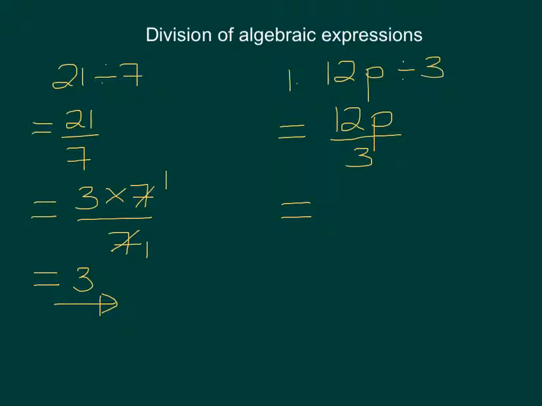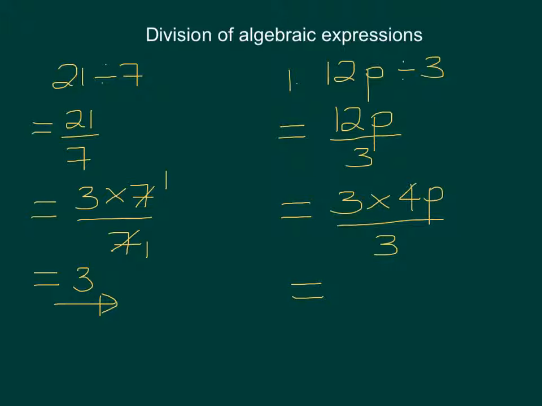So therefore, what you need to do is to say, how am I going to write 12p in terms of 4 and 3? So therefore, you can say 3 multiplied by 4p all over 3. Why am I doing this? I just want to isolate my highest common factor.